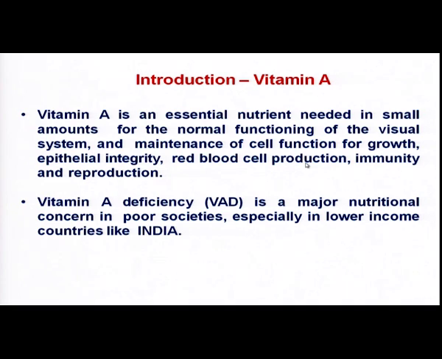Suppose you see now, your ability to adapt to light, your ability to look into the details of the eye, everything you have to associate with vitamin A, and that is why deficiency in vitamin A can lead to blindness, and this blindness, if not reversed within a short period of time with sufficient dietary supplements, can eventually lead to irreversible blindness. That is why it is a very important vitamin.